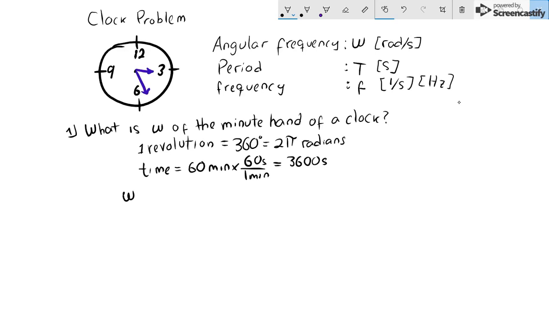Now we can solve the problem. So angular velocity equals displacement, which will be 2 pi radians, over the time it takes, which is 3600 seconds.